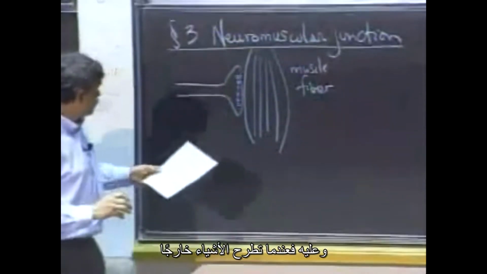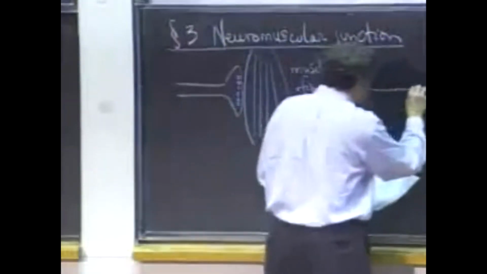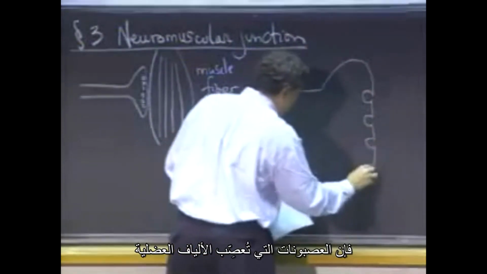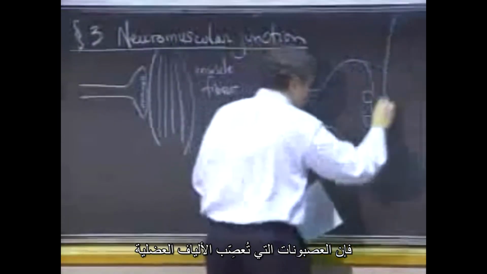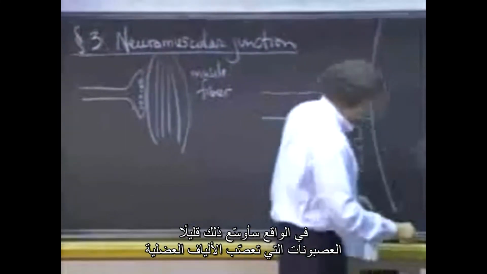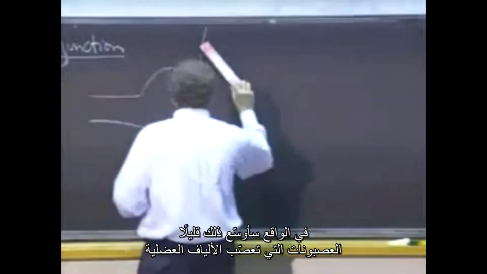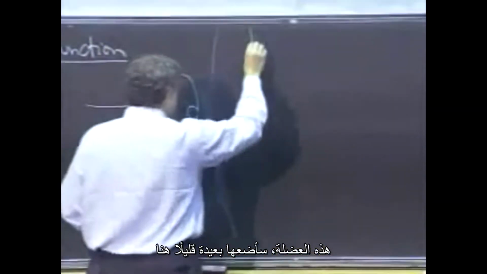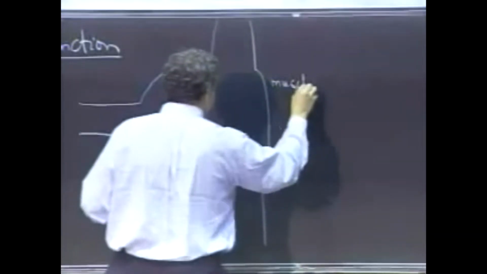So when it spritzes out the stuff, the neurons that innervate muscle fibers, actually I'm going to expand that a bit. The neurons that innervate muscle fibers, here's the muscle. I'm going to put it at some distance here. Muscle.